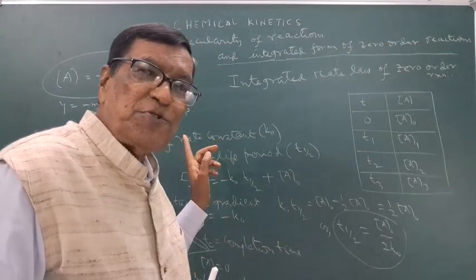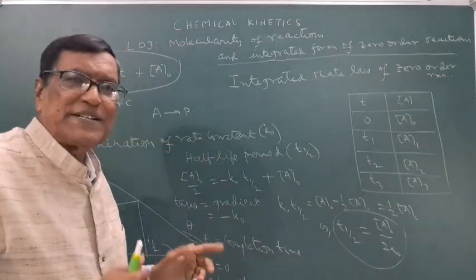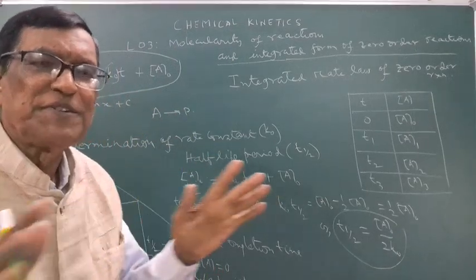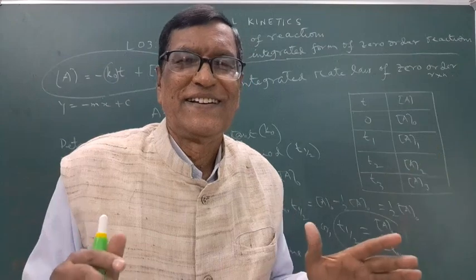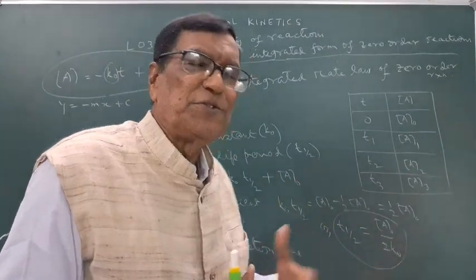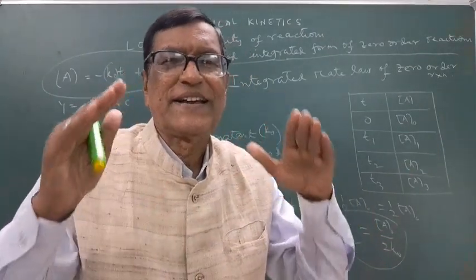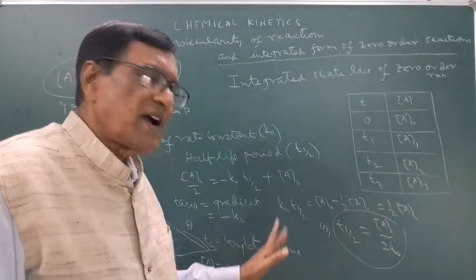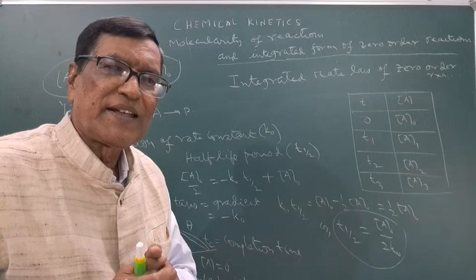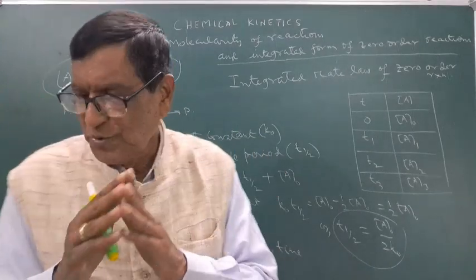Only the zero order reaction will go to completion. In most of the cases, the reaction will never be complete. Only in zero order reactions is the reaction complete, and Tc is the completion time at which the reaction is totally over.